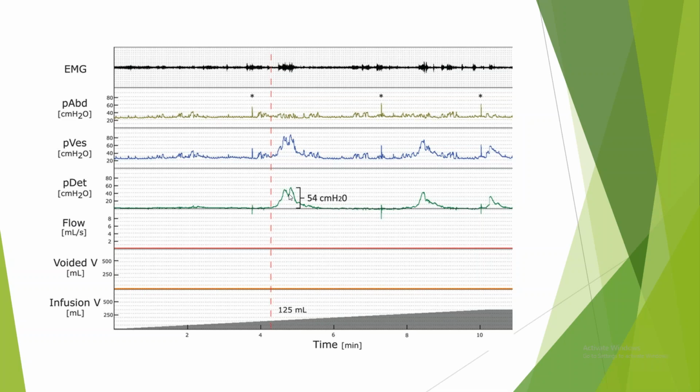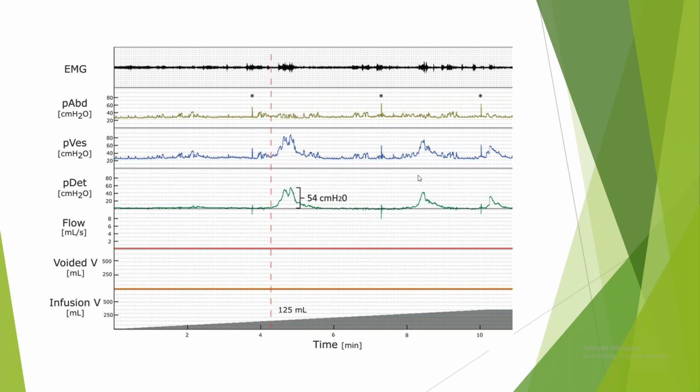Actually, it should not rise at all. It is rising with the rise in the vesical pressure. The rise corresponds to the vesical pressure rise. So it is detrusor overactivity.